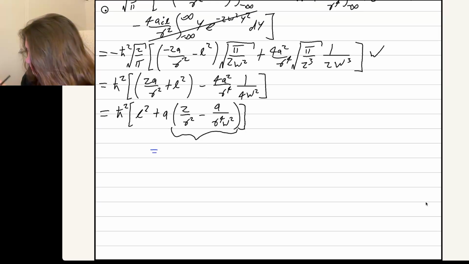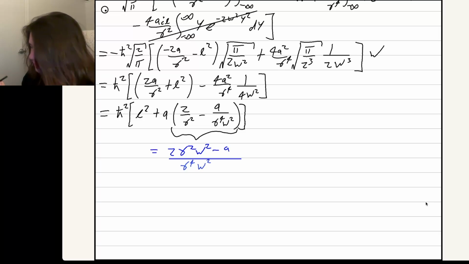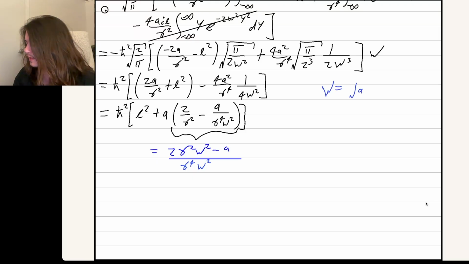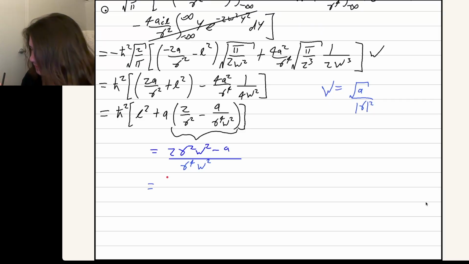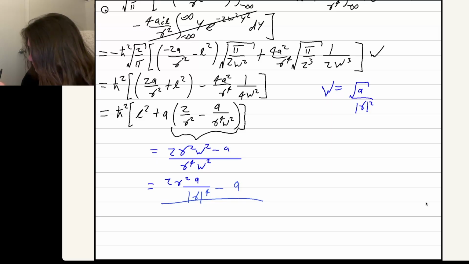So this is looking like 2 gamma squared w squared minus a all over gamma fourth w squared. We're going to use the definition of w where it was root a over mod gamma squared. So we have that this is 2 gamma squared times a over mod gamma fourth minus a, all over gamma fourth a over mod gamma fourth.